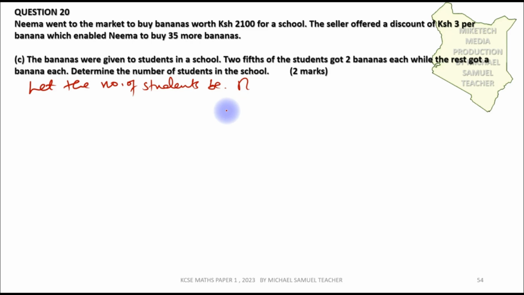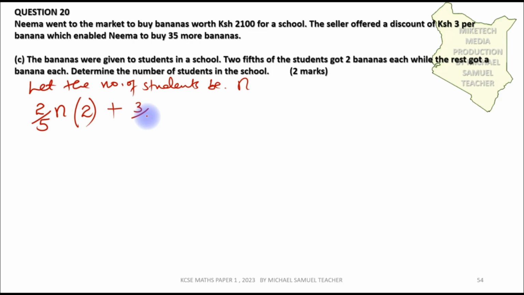So if the number of students is n, it means 2/5 of the students got 2 bananas each. So 2/5 of n times 2, the number of bananas each got, then plus the remaining fraction, which is 3/5, each of them got 1 banana.